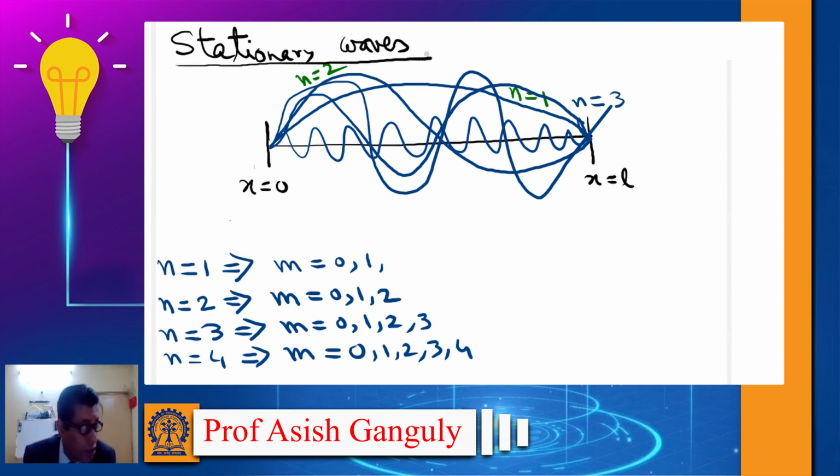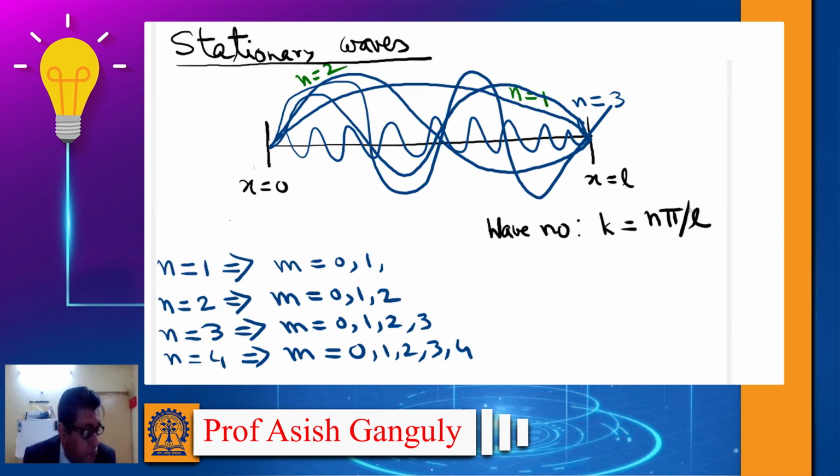Okay, some more terminology is perhaps a good idea to discuss. One is wave number. Wave number is denoted by k equal to n pi by l. Wave number is actually the number of waves per unit distance. This is called wave number.